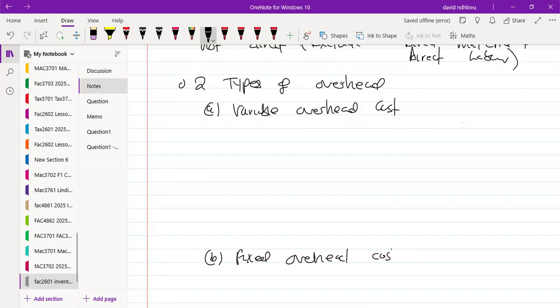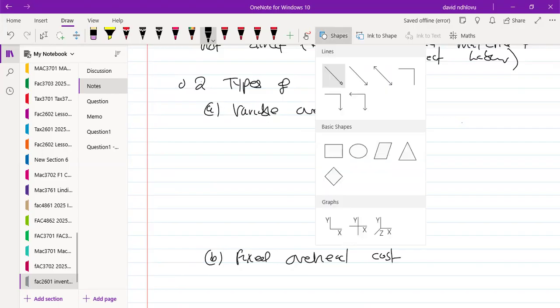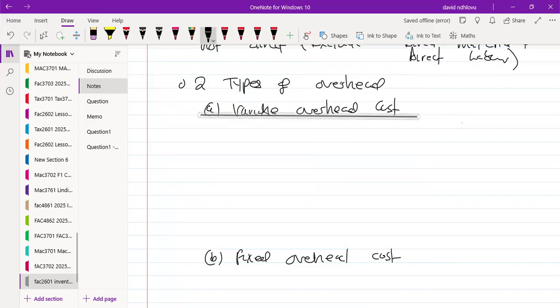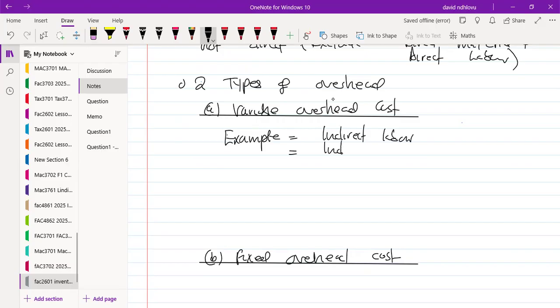So you need to be able to make the distinction between the 2. I have already explained the term variable. It simply means it varies in direct proportion to output. Right, but it is not easily traceable. An example of this will be what we call indirect labor and indirect material.